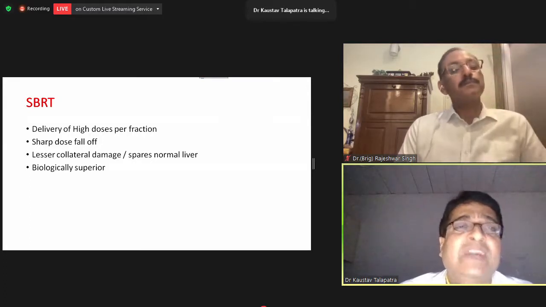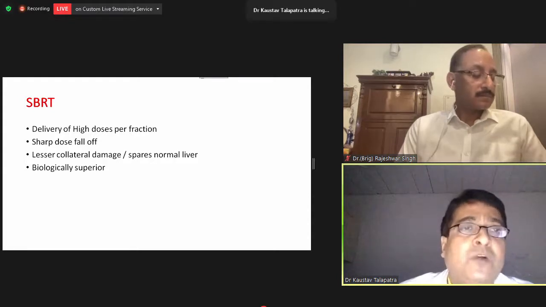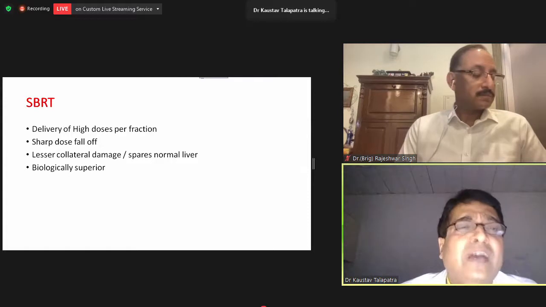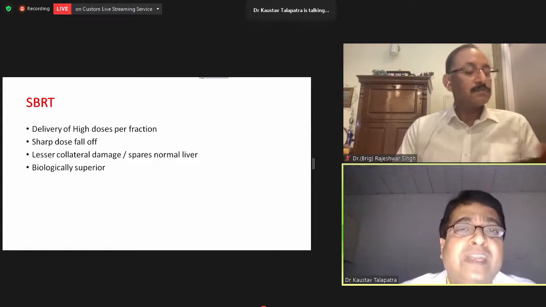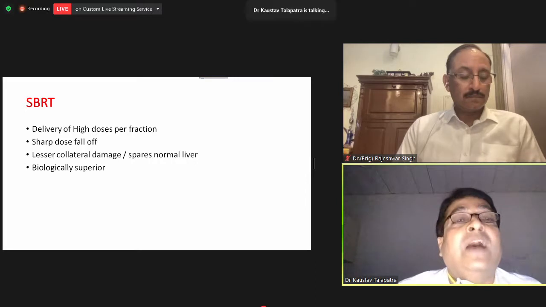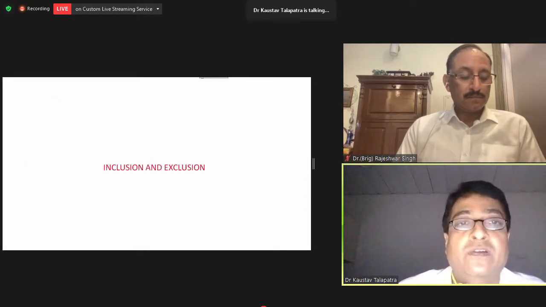Since it's a very varied crowd, I will not get into the nitty-gritties of stereotactic body radiotherapy, but just to give an introduction, it is the external delivery of very high dose per fraction, with very sharp dose fall-off, lesser collateral damage, sparing normal liver, and it is radiobiologically superior to the standard formats of radiation.